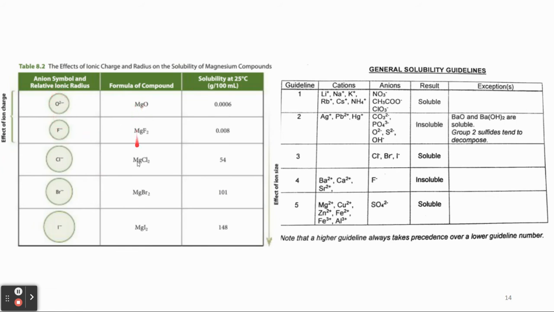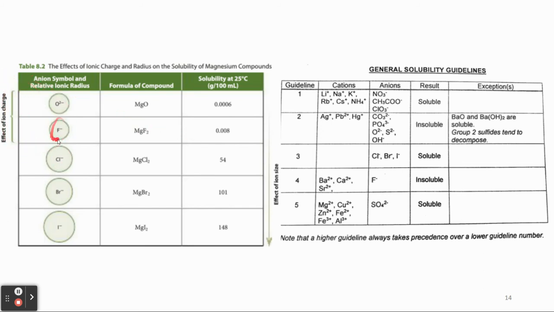Notice we kept the same metal here so that it could be controlled, consistent. We're really only focusing on the differences in the ions, so the size and also the charge. Here we're looking at size specifically. The charge is the same, -1 every time. So what's affecting the difference in solubility is the size. Larger size means greater solubility, and smaller size means less solubility because you can attract more.